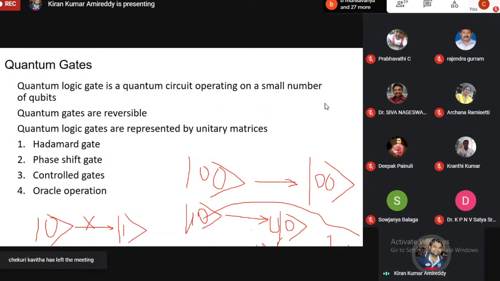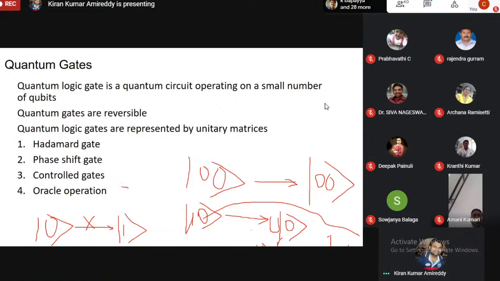So this is the basic syntax of the Pauli's gate. Then Oracle, if you take, it will create a loop, minus 1 to the power of, then okay. So this is the Oracle operation.